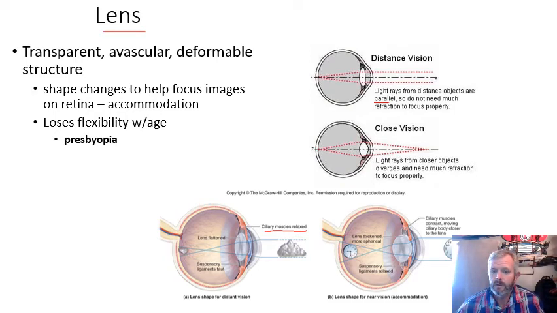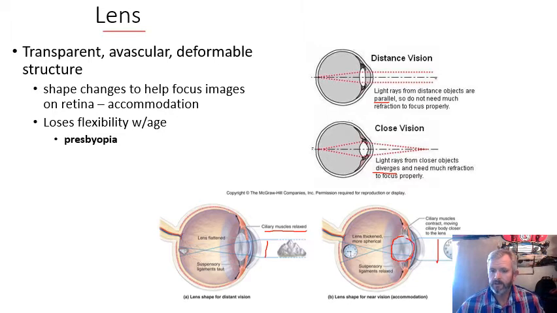When we're looking at stuff closer up, the rays are more divergent. You see this is much further apart than, say, here. Now when we're looking at things closely, we have to get the refraction going much quicker. We have to bend it very quickly, and to do that, we want the lens in a more round shape.